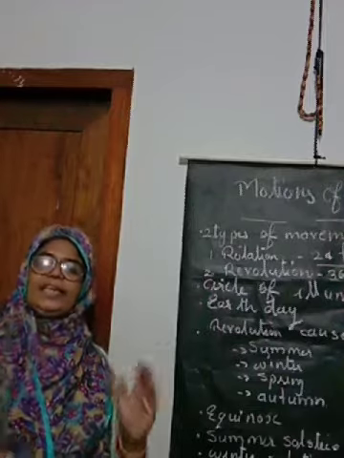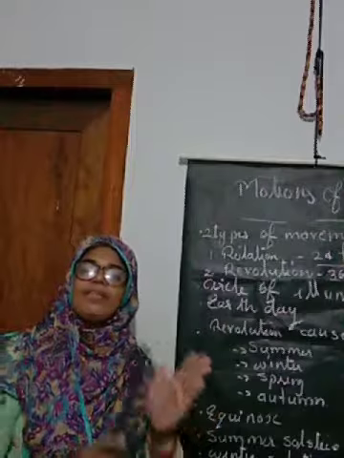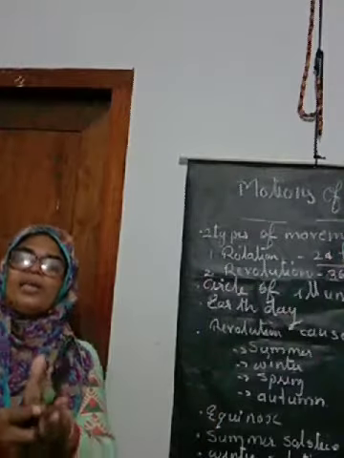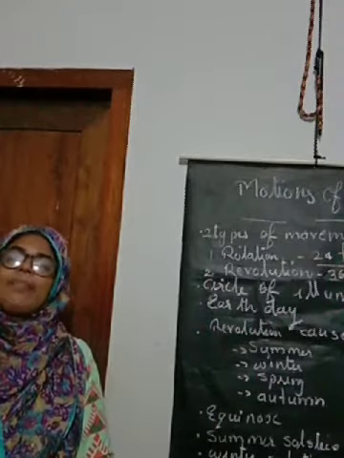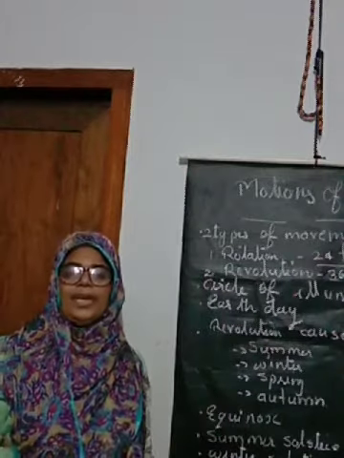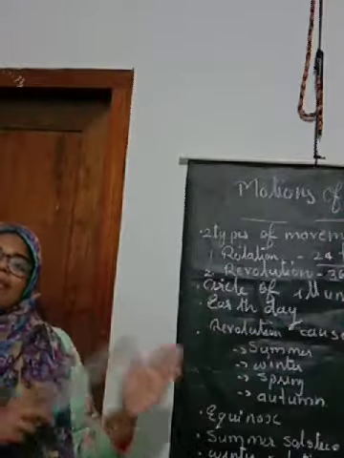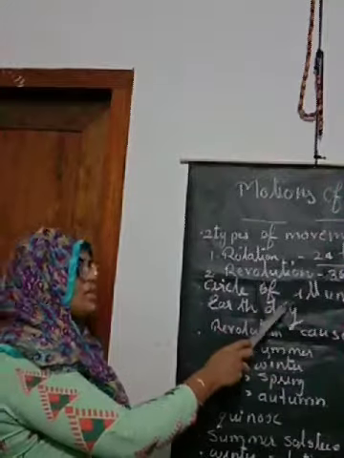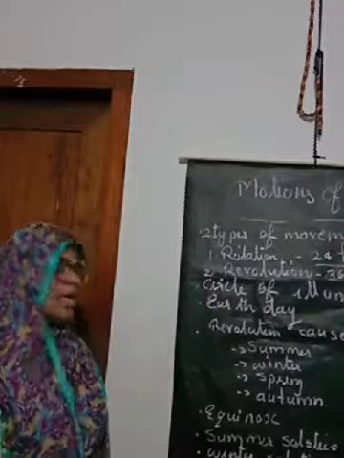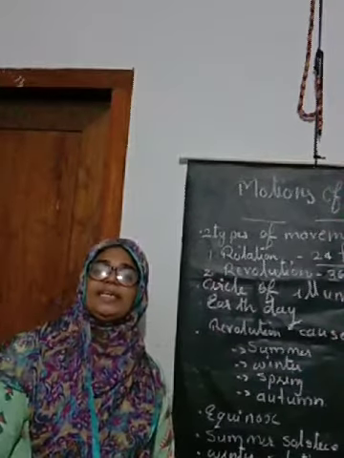Because at a time, half of the earth will be facing the sun. That part will be experiencing daytime, and the opposite part will be experiencing dark or night time. So this circle that divides day from night is termed the circle of illumination.